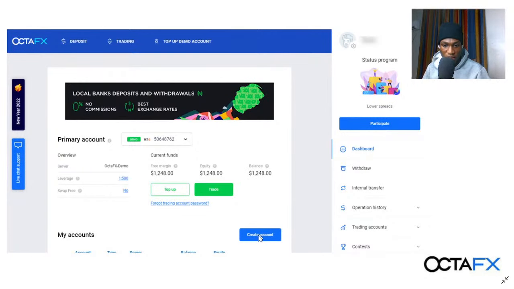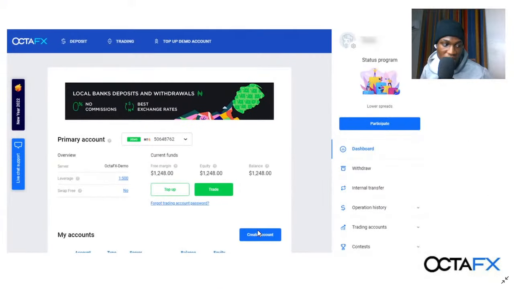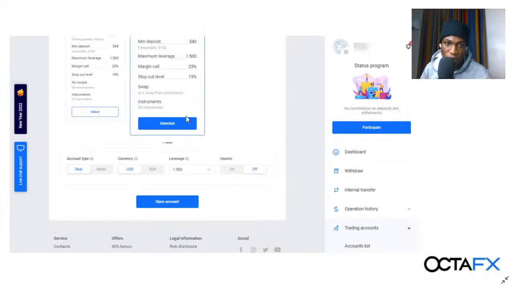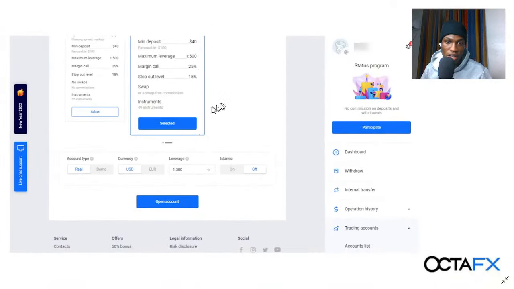All you want to do is to click on this blue button that says create account, and then you select MT4 or MT5, whichever one that you prefer. As you can see, minimum deposit is $40, and then you can select MT4, MT5, and you want to change your account type to real, or most people use USD, so I'd possibly use USD.